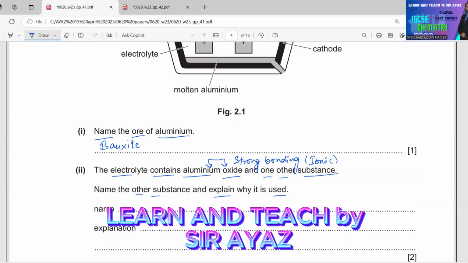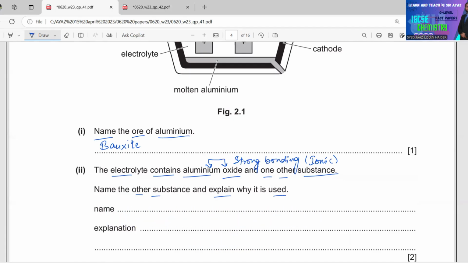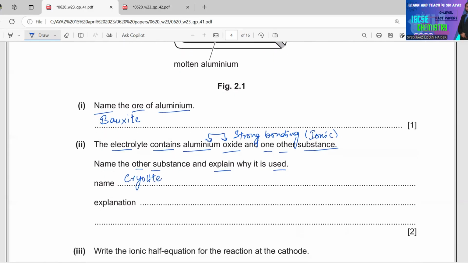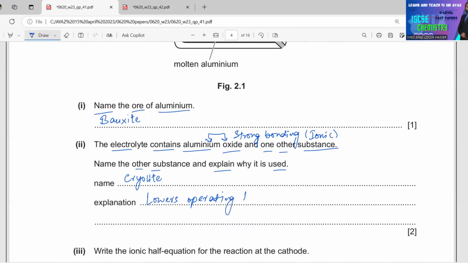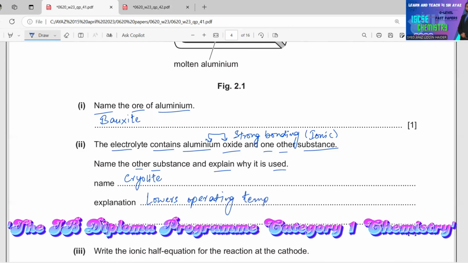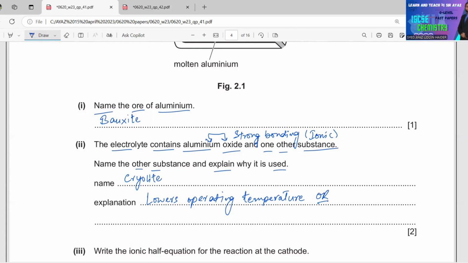You can even say in order to improve the conductivity. So the substance used here is cryolite. The name is cryolite. Next explanation, it lowers operating temperature. Or you can even write improves conductivity.